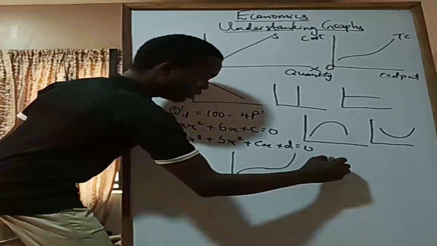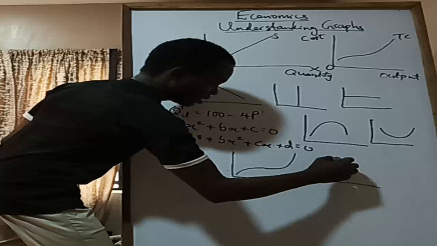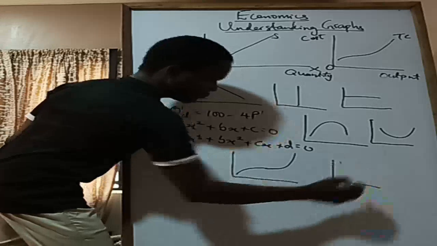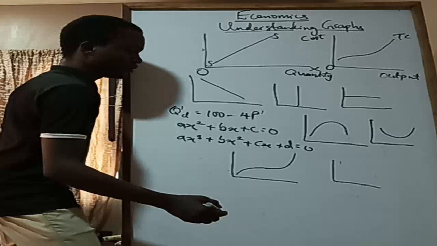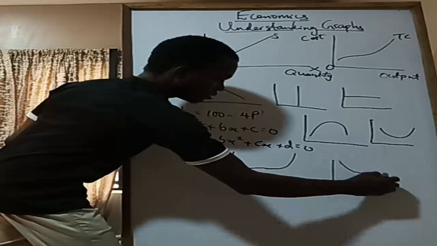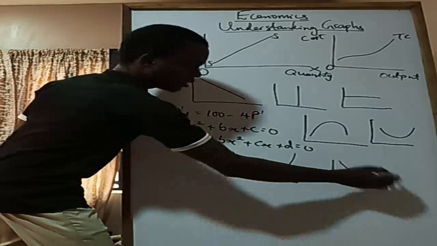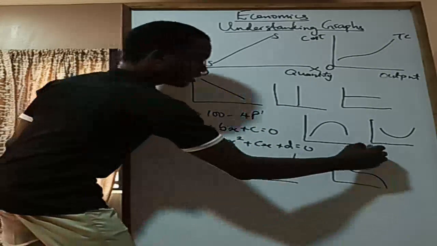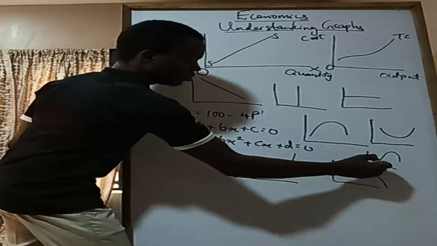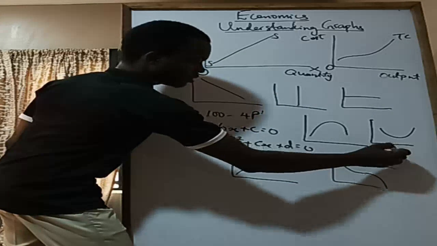It's not necessarily always like that. What if it is coming down? It can be something like this. I'm thinking of how to draw this. So let's say there's something like this. Do you understand? You are going like this, there's a turning point here, and another turning point here.